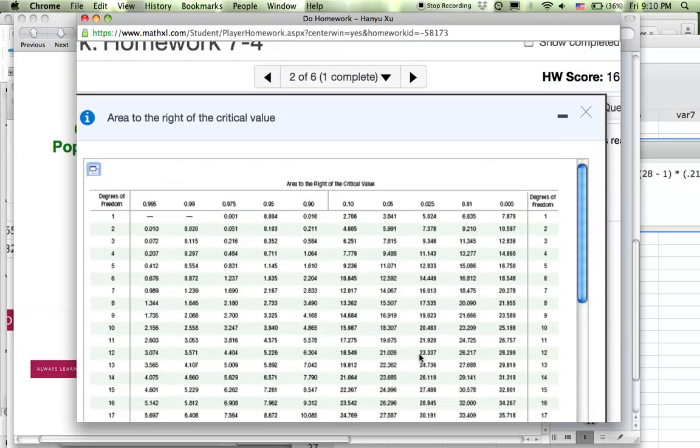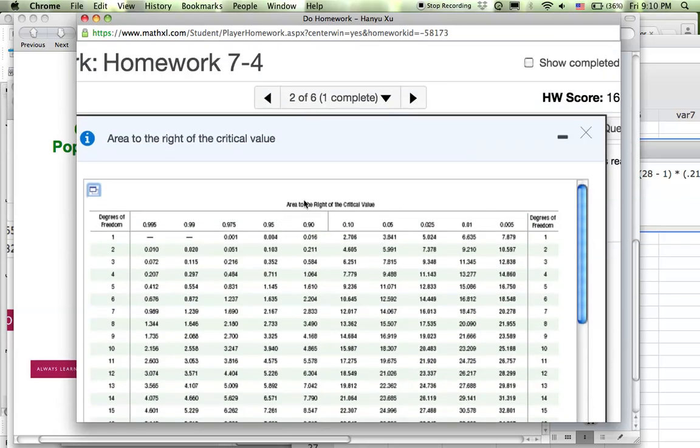And also for the column, because this column means the area to the right of the critical value, first we need the right area to be 0.05. Also we need the right area to be 0.95 because that means the left area will be 0.05. So this, the fourth column and the seventh column, okay?